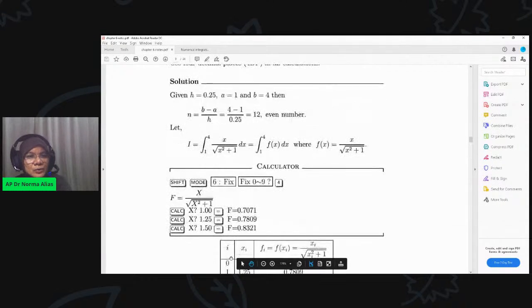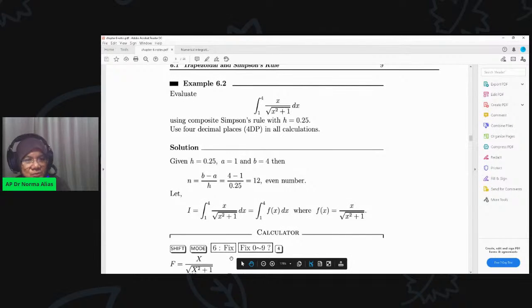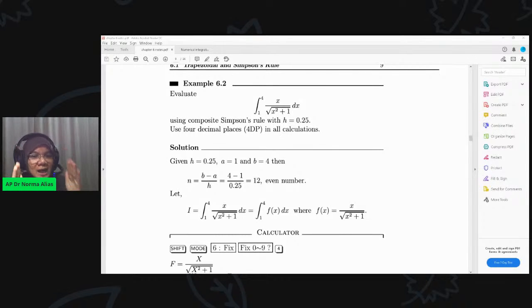We want to apply the composite Simpson's rule. So keep in mind, when you get a question like this, what should you set in your mind? First, I know how to create the formula for composite Simpson's rule based on 12 sub-intervals. I can prove it from the basic Simpson's rule.